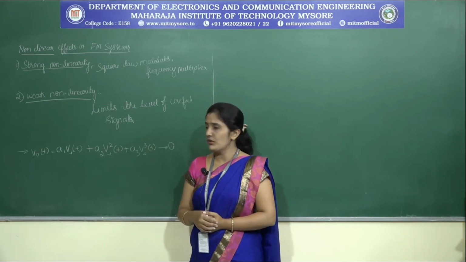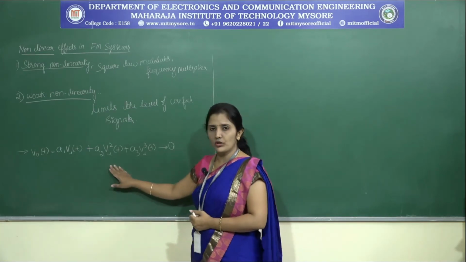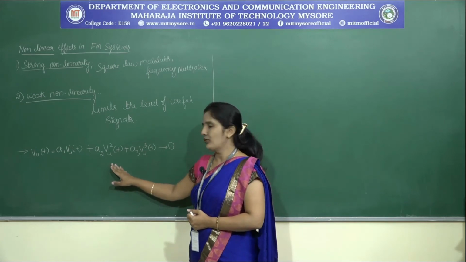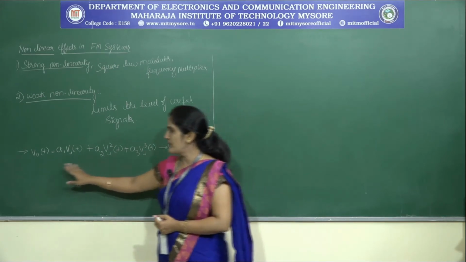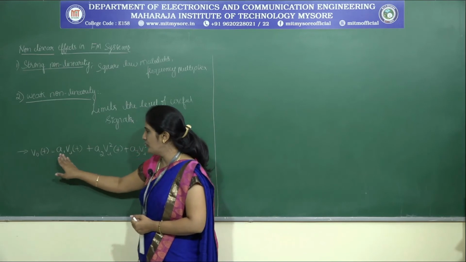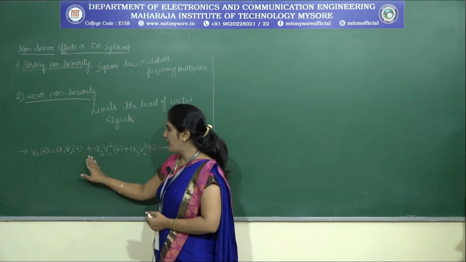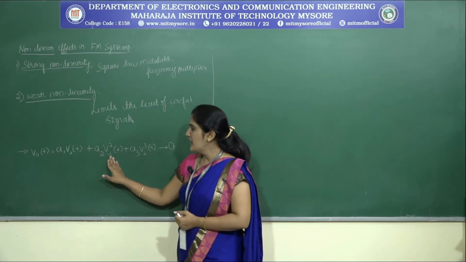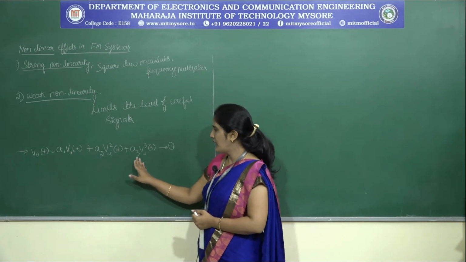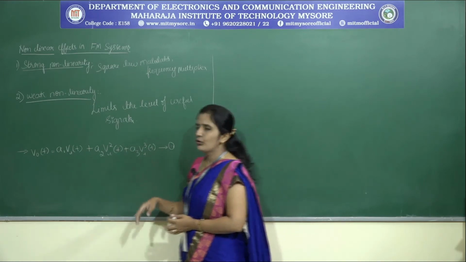On frequency modulation, let us consider the communication channel with respect to input and output. So, this is the equation: V naught of t is equal to A1 Vi of t plus A2 Vi square of t plus A3 Vi cube of t.